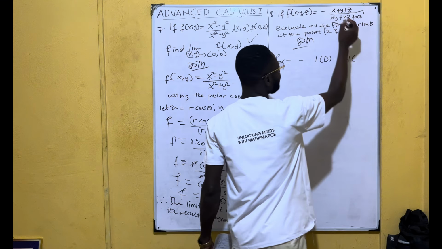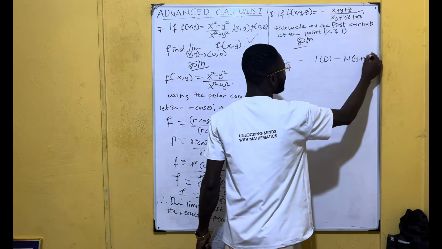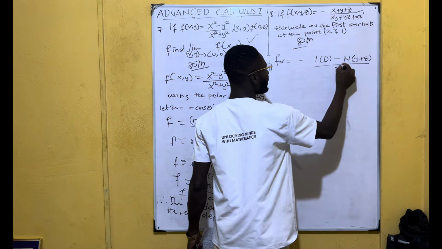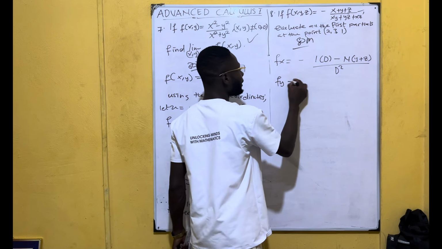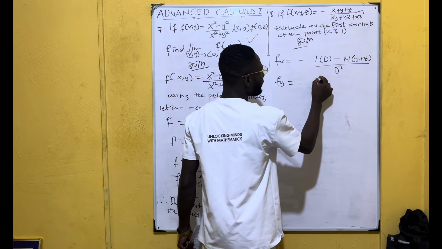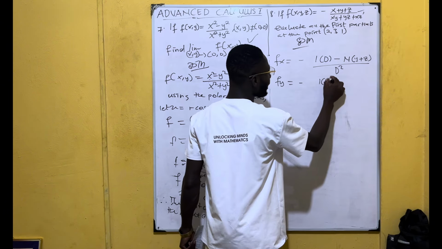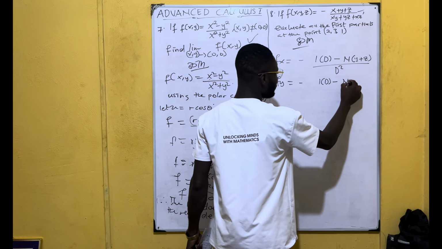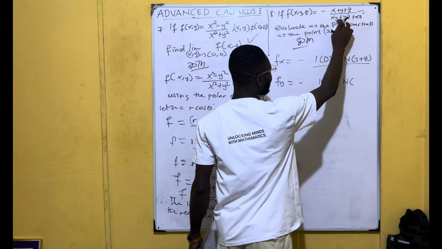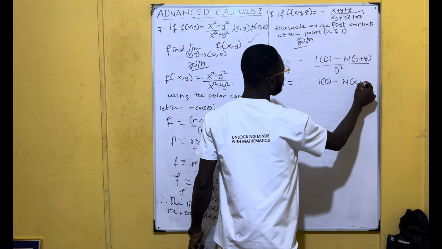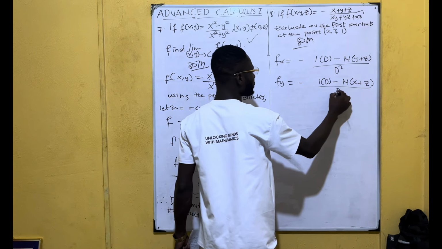So we have y plus z divided by the square of the denominator. Then Fy means that we have 1, then maintain the denominator minus maintain the numerator, then differentiate the denominator with respect to y. So we have x plus z, right? Divided by the square of the denominator.